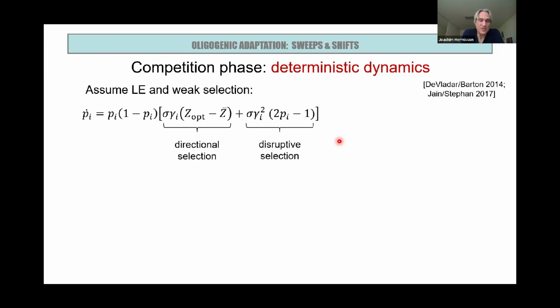So you see here, this is something that scales with the distance of the trait mean to the optimum. And while this is still large, this is a term that by far dominates over that one that is of the order of the effect size squared, and this only will play a role if this is very close to 0.